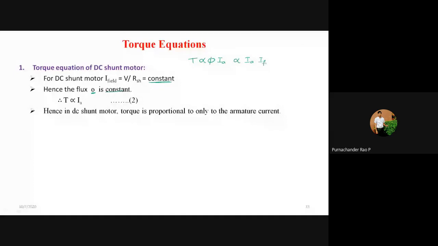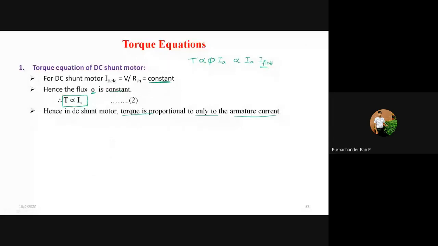For the shunt motor this field current is constant, and therefore the torque developed will be proportional to only the armature current. Just we have to remember this: in DC shunt motors, the torque is proportional to only the armature current.